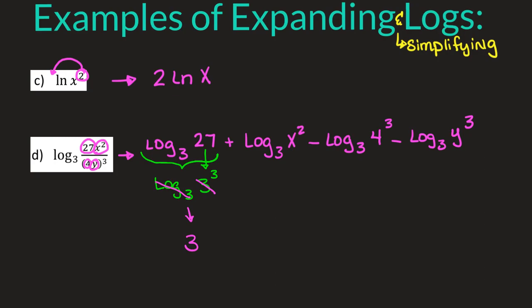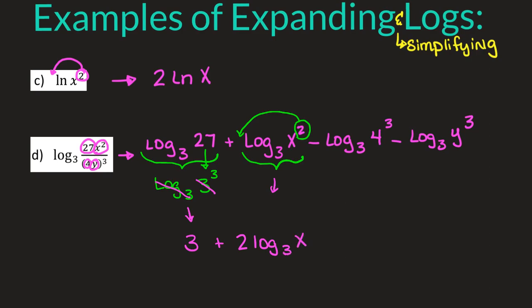And then we're going to look at the next term. We have log base 3 of x squared. Now on this one, the only thing we have to do is take that exponent power, move it out front, and rewrite it. So for this term, we're going to have plus 2 log base 3 of x.